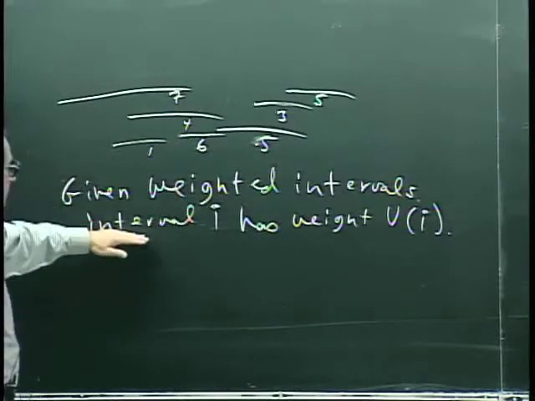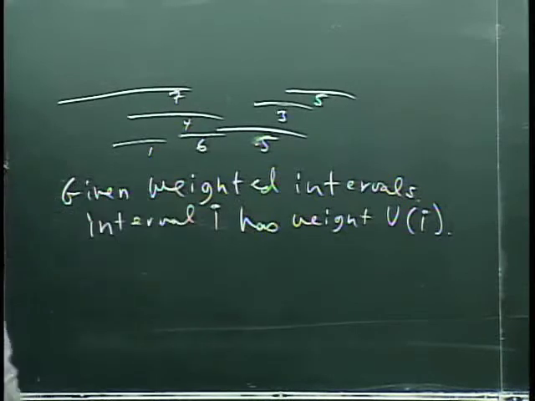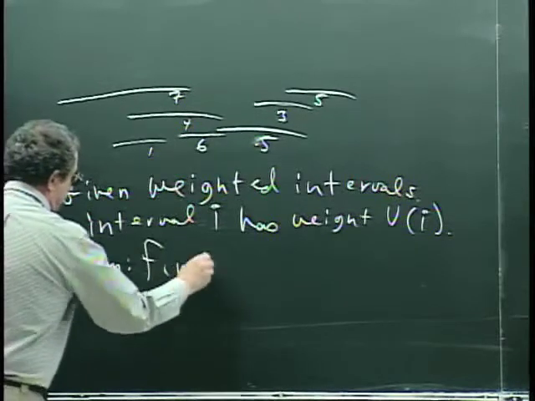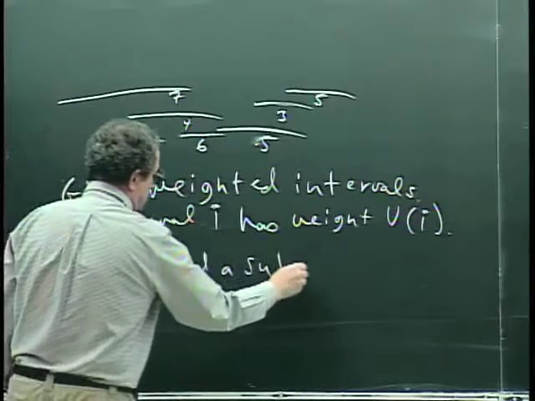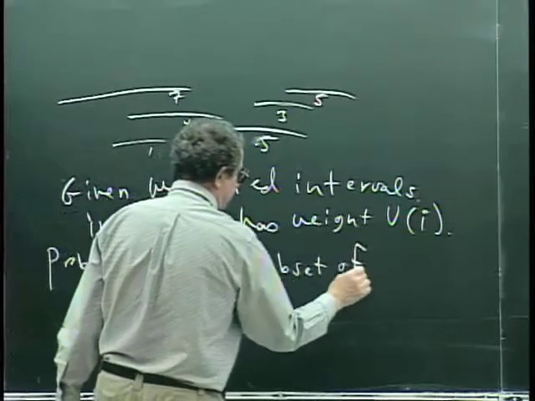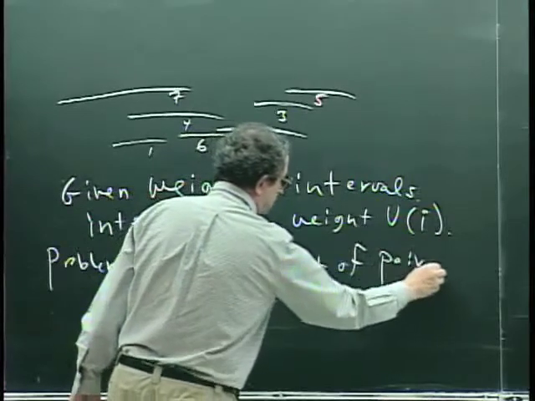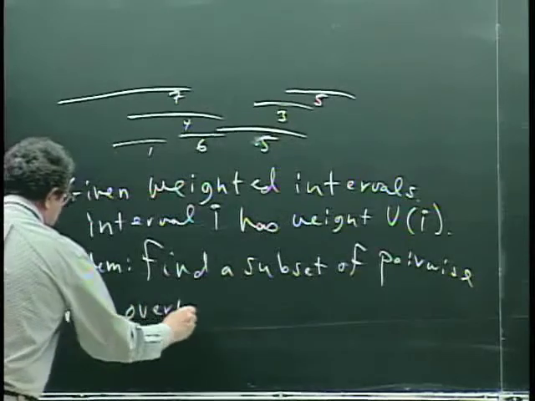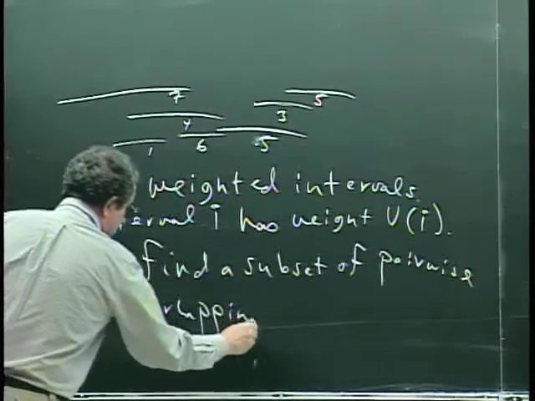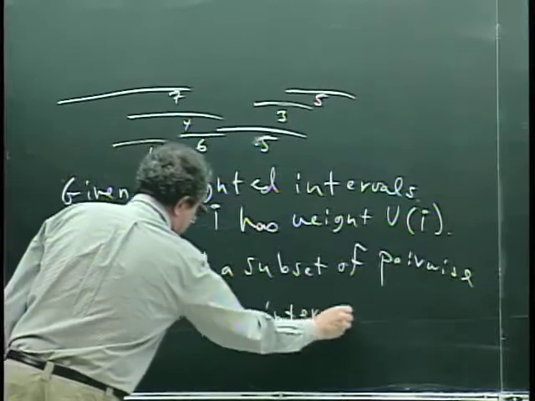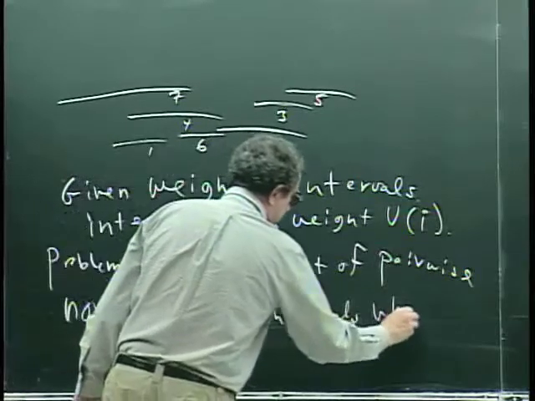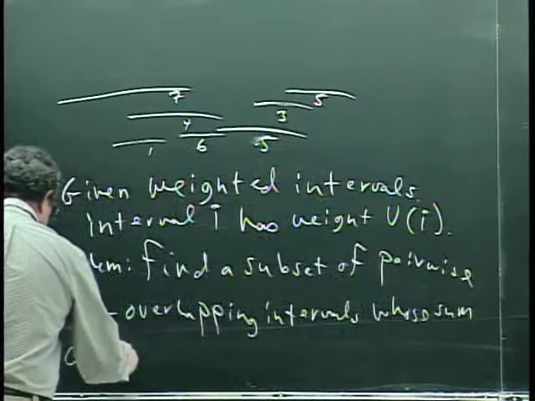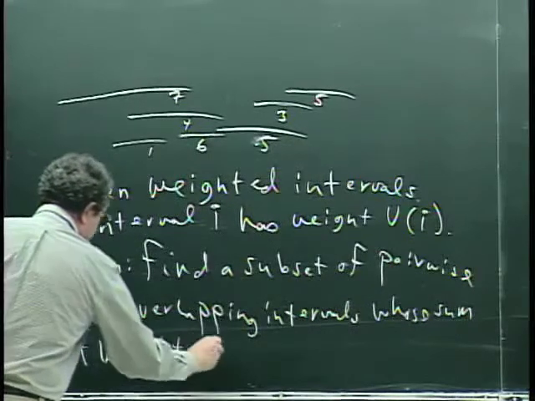Given weighted intervals, where interval I has weight VI, our problem is to find a subset of pairwise non-overlapping intervals whose sum of weights is maximum.